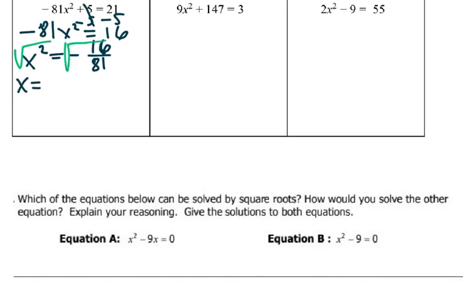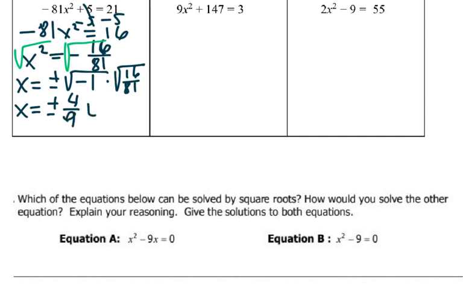And I will get x is equal to positive and negative square root of negative 1 times square root of 16 over 81, which, if I take the square root of 16 and 81, gives me 4 over 9. The square root of negative 1 is i.